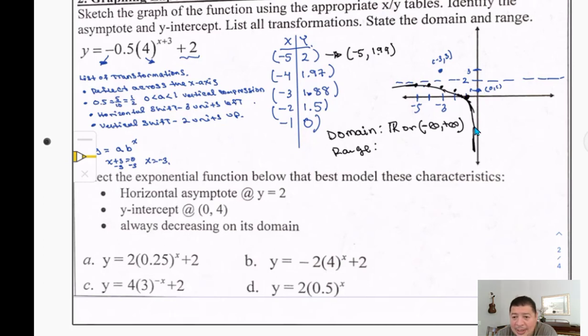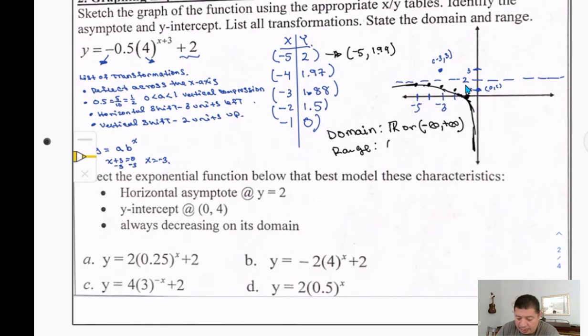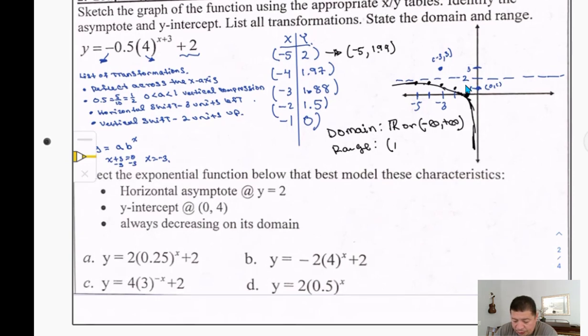And so what's going to happen is it can only go from 2, and, oops, I actually made a mistake there. 2 is not included. And so we're going to open up a parentheses and say from 2. And as you guys understand, it's going to be going down, right? The range is always all of the y values. So we say that it's going to be going towards -infinity.